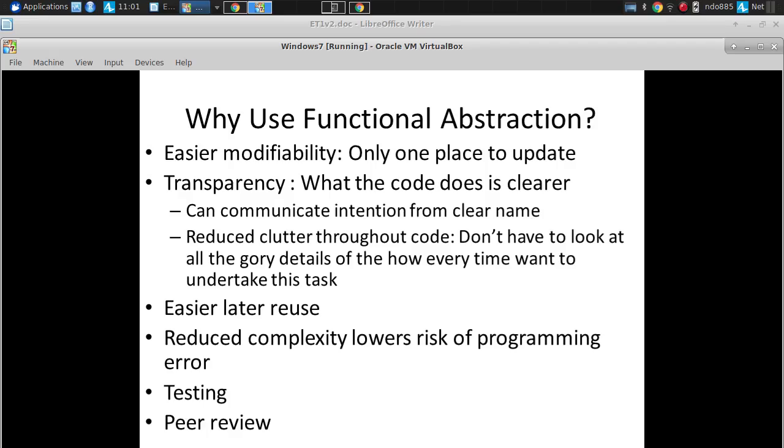What's the difference between a fake and a mock? Anyone? Well, give me an example of a stub. We're dealing with functional abstraction. Give me an example of a stub. So suppose that we had a function that was looping through and it was calling things to ask, is this in bounds? What would a stub potentially be? Always returning true.